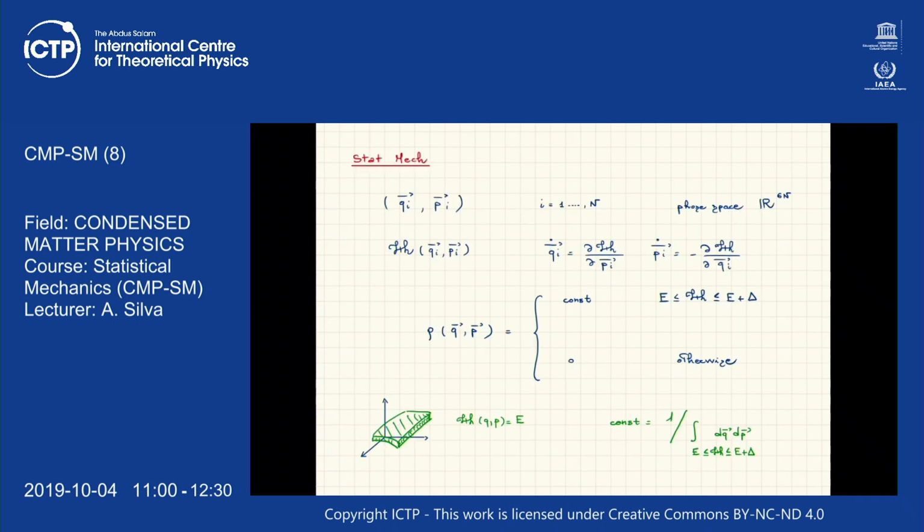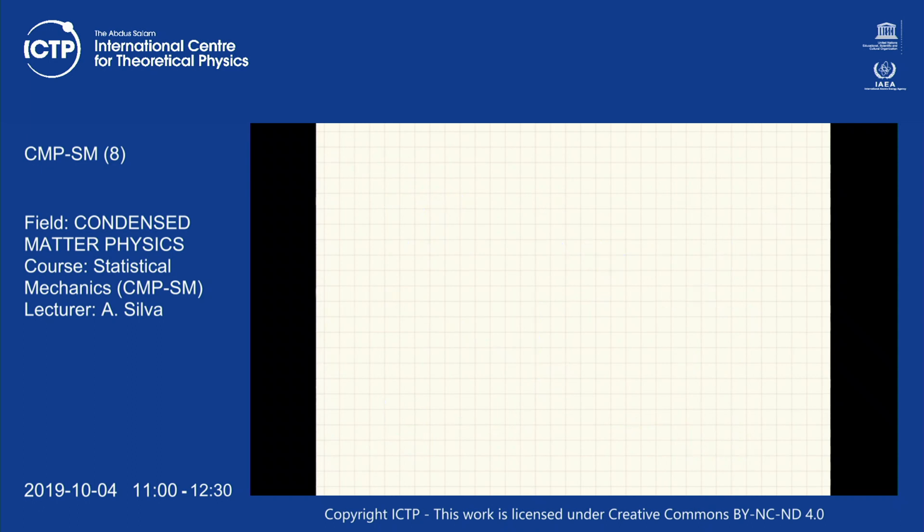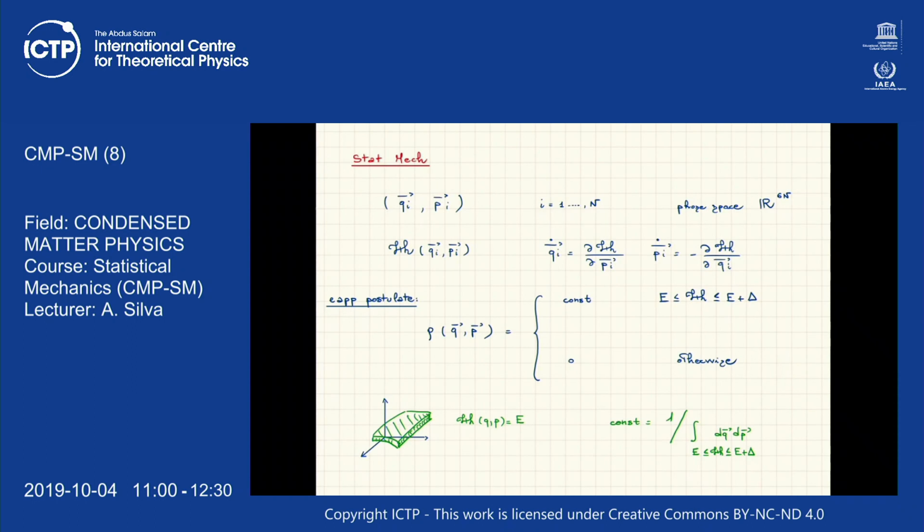So this is the equal a priori probability postulate. And now all of statistical mechanics follows from this equal a priori probability postulate and another statement, which is the following.